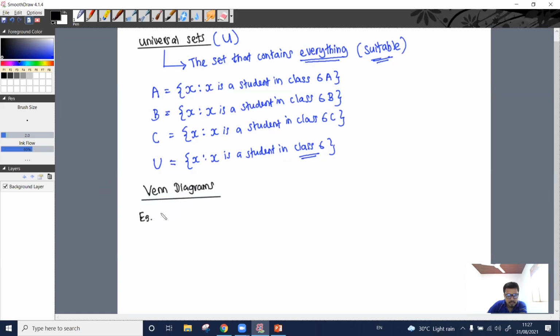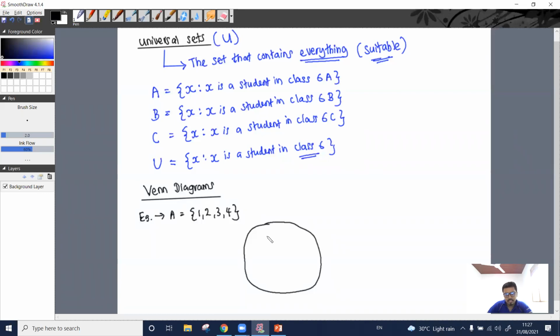Example. I need to represent this one. Set A equals 1, 2, 3, 4, using a Venn diagram. How can I represent this given set using a Venn diagram?